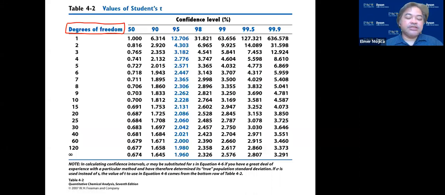In statistics, that's the number of observations minus the number of parameters estimated from the observations. So how many observations do we have? 5. Then we subtract the number of parameters. We only have 1 parameter. So the degrees of freedom that we have here is 4. So we're going to use this in the calculation.